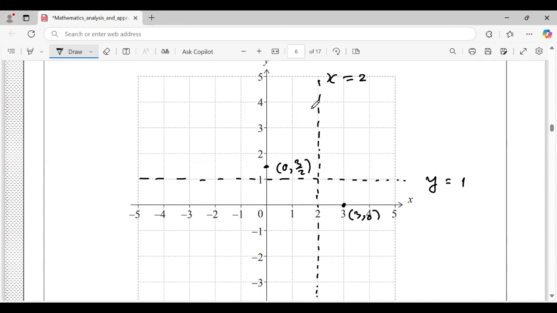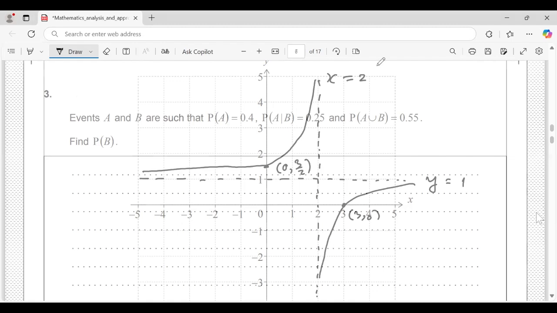After that, create the graph like this. This is the asymptote for the y-axis and x-axis, the asymptotes y equals 1 and x equals 2 as well. This one, x equals 2 and y equals 1.